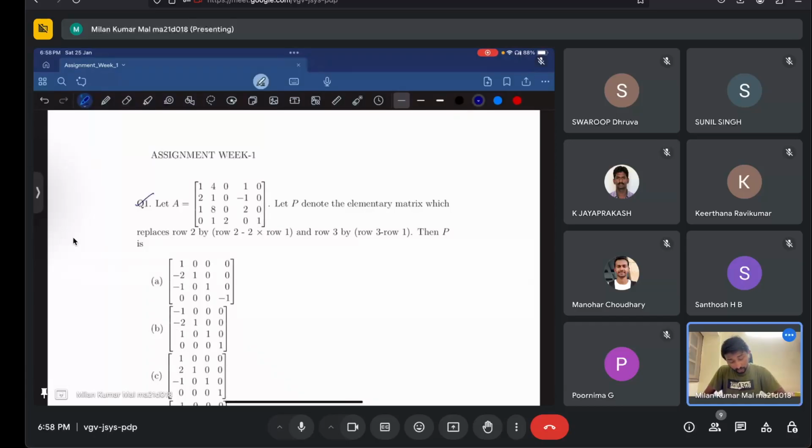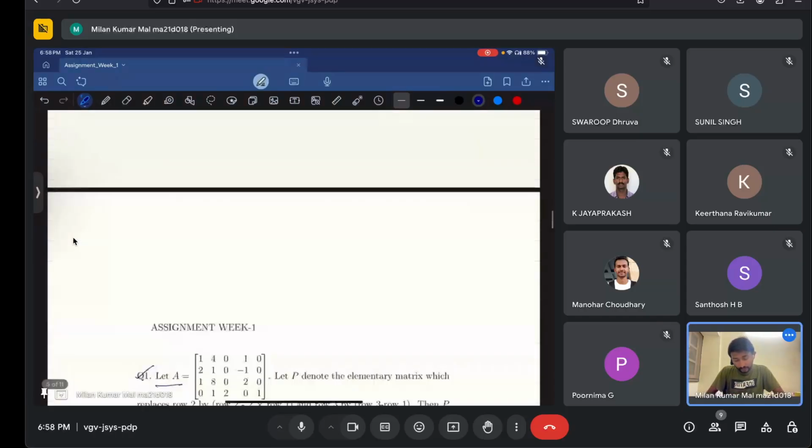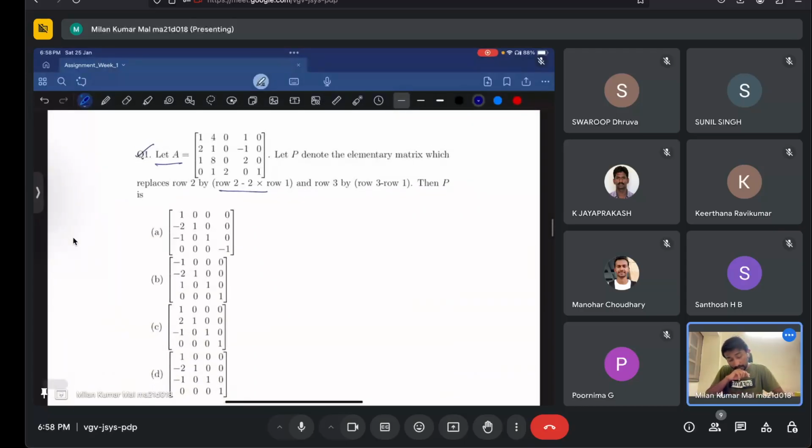The question is: let A equal this matrix. Suppose P denotes the elementary matrix which replaces row 2 by row 2 minus 2 times row 1, and row 3 by row 3 minus row 1.